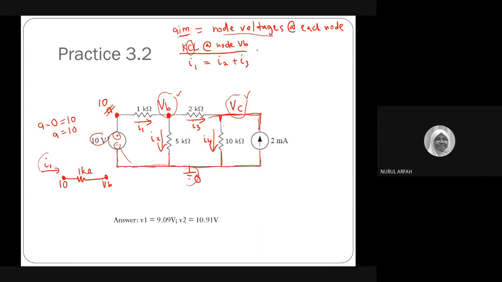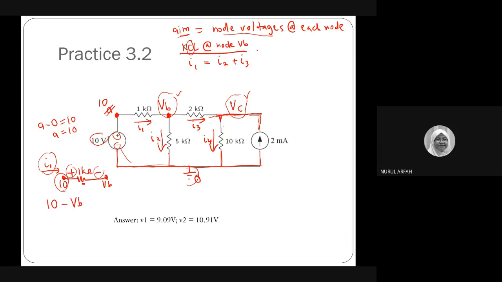Because of the passive sign convention, entering is positive and leaving is negative. So higher polarity minus lower polarity. What is the higher polarity? The node 10, right? And then minus VB, the lower polarity.